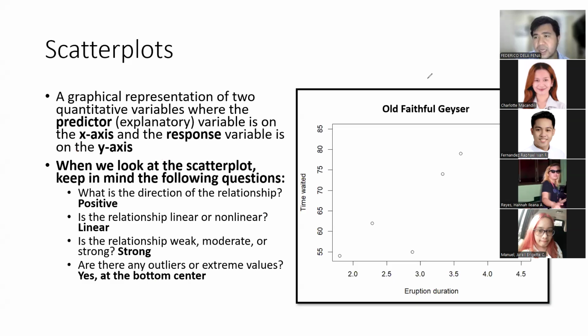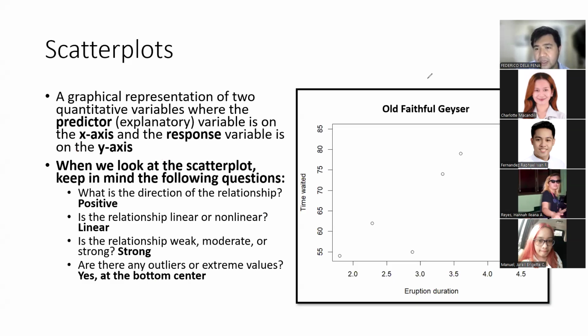And of course, as we have done in the other lessons, we can get a lot of information by simply doing a scatter plot of our data, right? We can gain a lot of insight by doing a simple scatter plot. And in here, again, we're back again with the old faithful geyser.